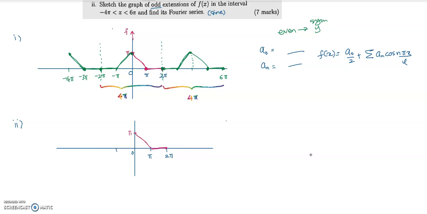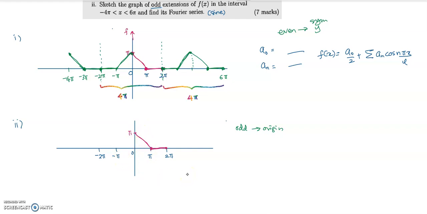But this time we want to have the odd function. An odd function is supposed to be symmetric about the origin. It means that whatever we have here is supposed to be reflected through the origin.